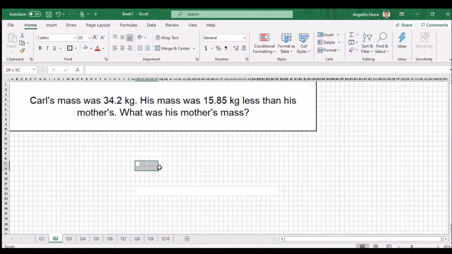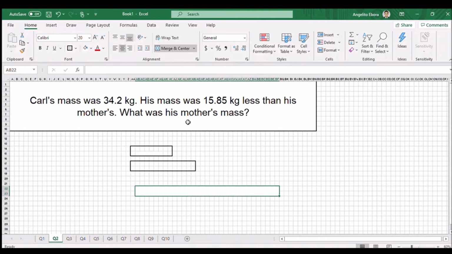Okay, so let's draw the model. This one is for Carl's, and this one is for the mother, because it says Carl is less. How much less? 15.85 kilograms.